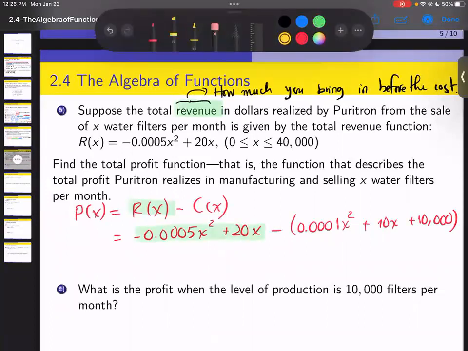That is revenue. That is cost. Simplify. They have the same zeros here. So negative 5, negative 1, that's negative 0.0006 x squared. 20x minus 10x, that's 10x.